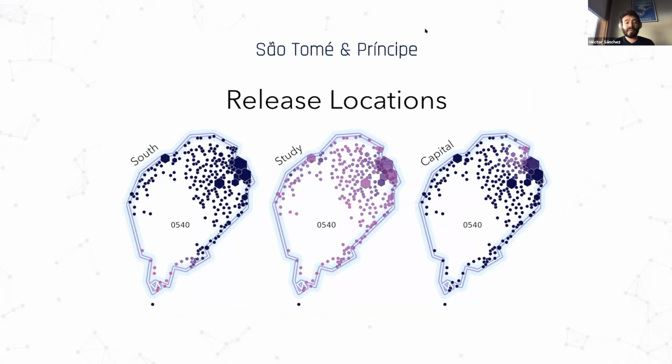So in this case, every hexagon is a mosquito population scaled with the size of the population. Dark blue means there's a lot of wild populations. Magenta means there's more gene drive mosquitoes, so less malaria. And this is the kind of study we're looking forward to doing.